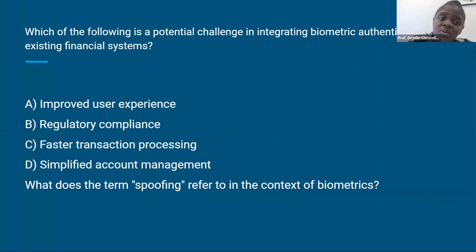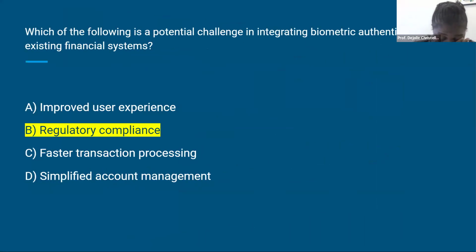So the question was asking which of the following is a potential challenge in integrating biometric authentication with existing financial systems? And the answer is B. Why? Because everyone has to accept or comply with those rules, right?